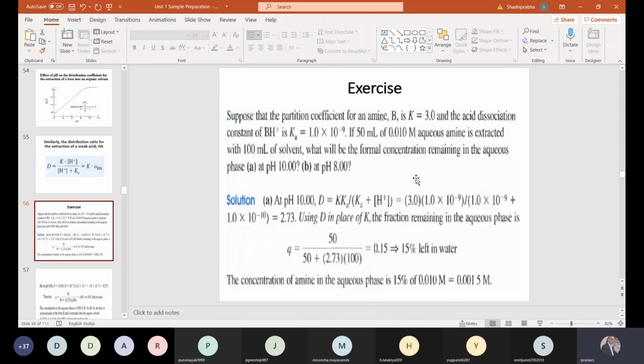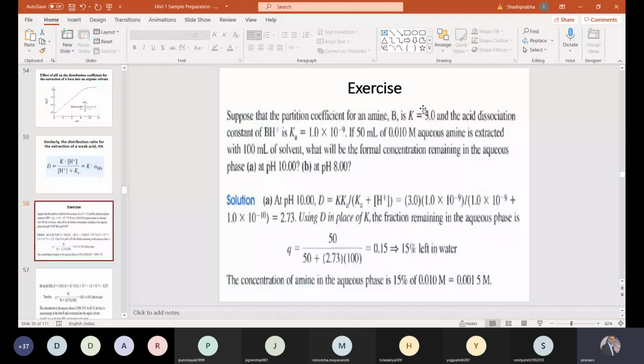Based on this understanding, we had a simple numerical which tries to show the extent of extraction under different pH conditions. Though we did this last time, I'll just repeat it. Suppose the partition coefficient for an amine B is K equal to 3.